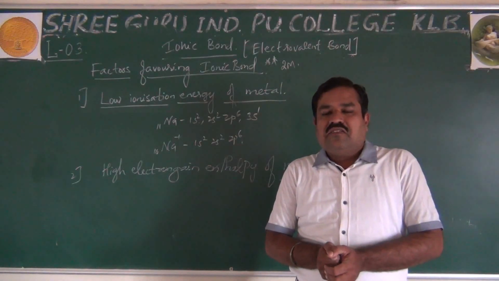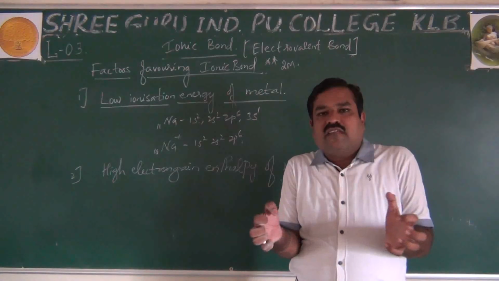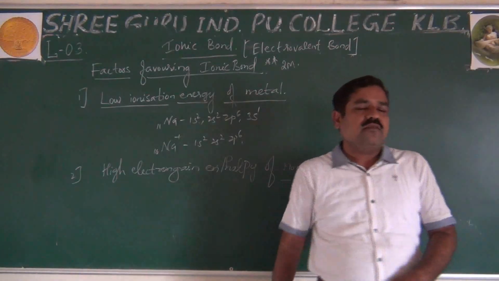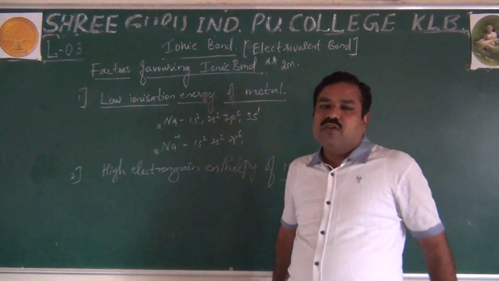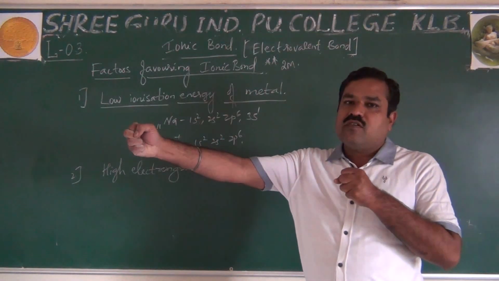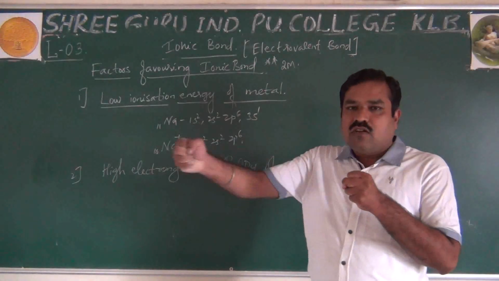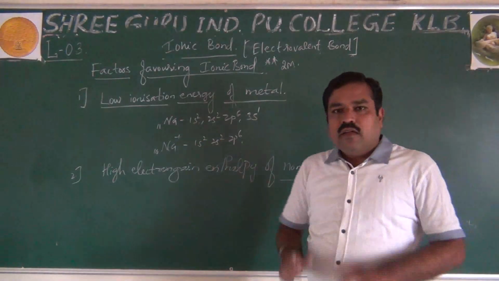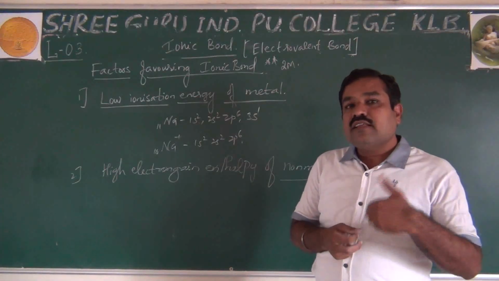Means pulling the electrons towards itself. That is called the pulling effect. Just making a joke, don't confuse. It is the capacity of an element to attract the bonded pair of electrons towards itself. That is called electronegativity. But what is electron gain enthalpy? It is energy liberated.